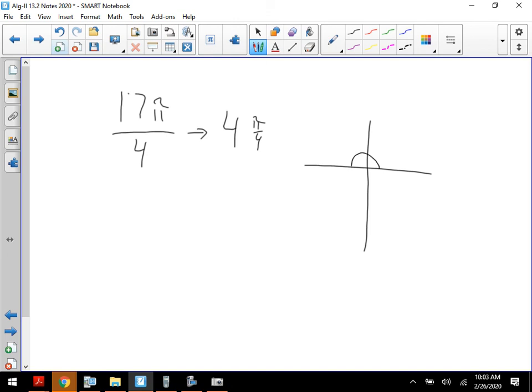Ready? 1 pi, 2 pi, 3 pi, 4 pi. Bring it down to smaller chunks. 1 revolution is 2 pi. So then I come up, pi over 4.